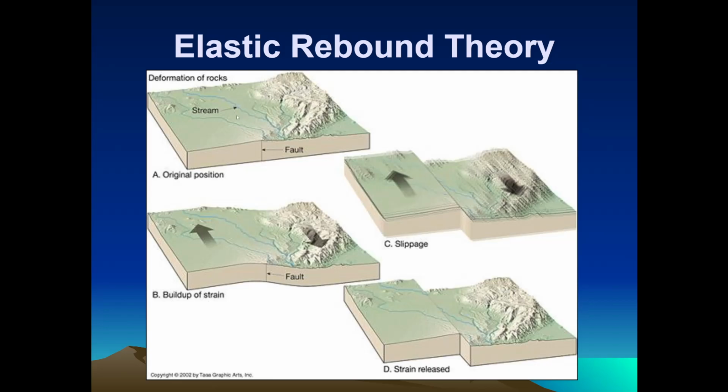When that breaks, because it crosses the ultimate stress of the rock, meaning the final, the most stress it can withstand, then we end up with this slippage here. And it's really the grinding of these two pieces against each other as they bounce back. And that's the same thing as the boing, boing, boing door stop, right?